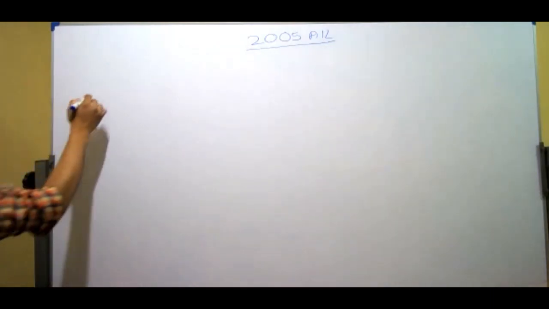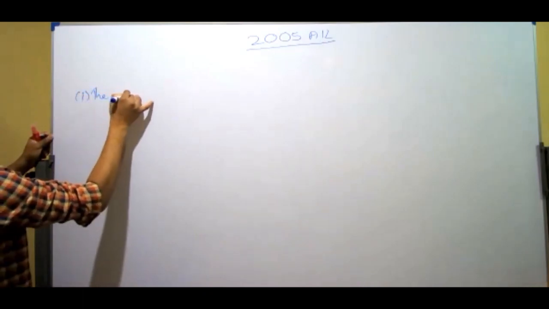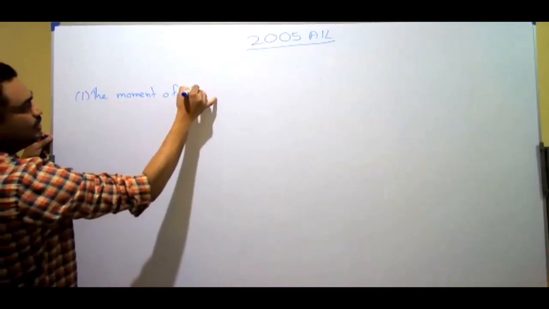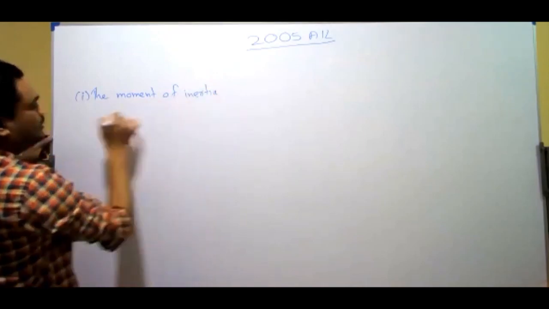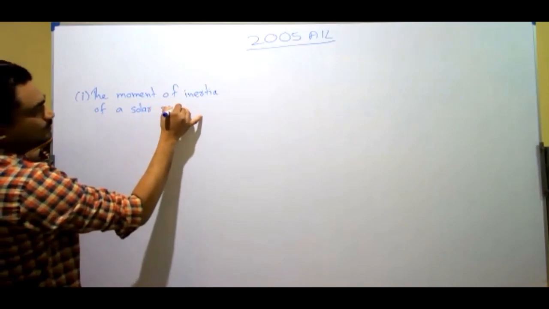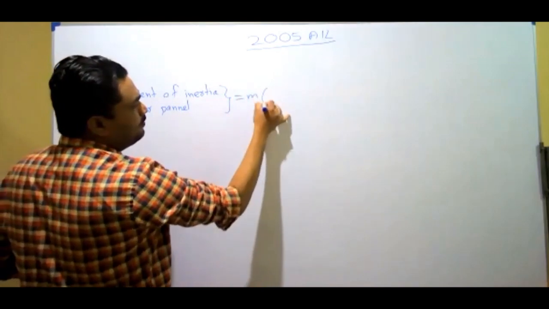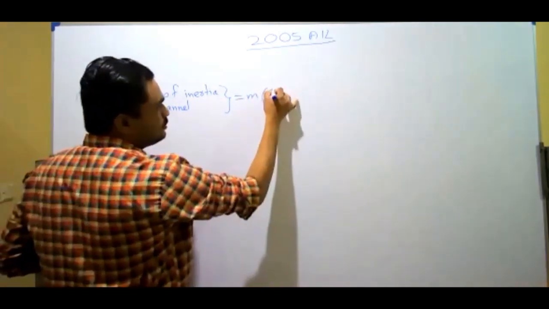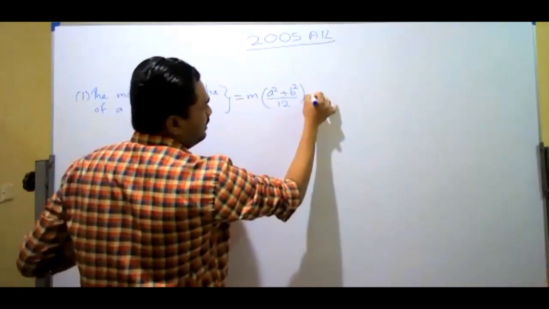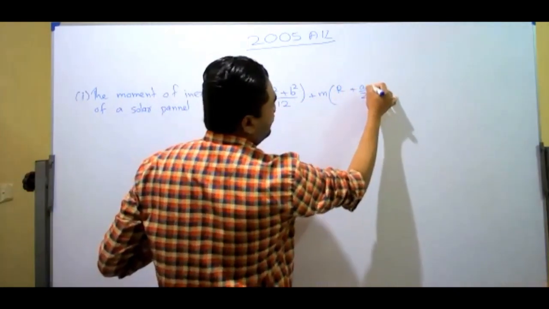The moment of inertia of a solar panel is given by the equation, Roman number 1, m into (a square plus b square) divided by 12 plus m into (capital R plus a over 2) square.